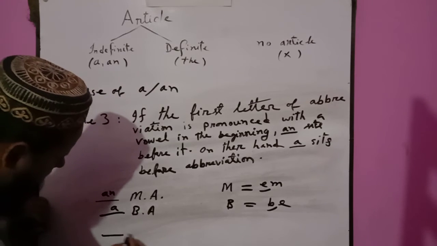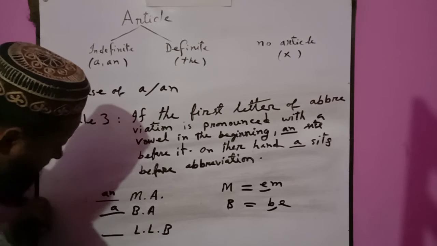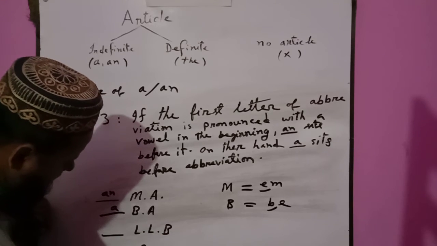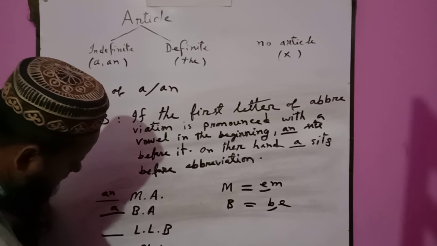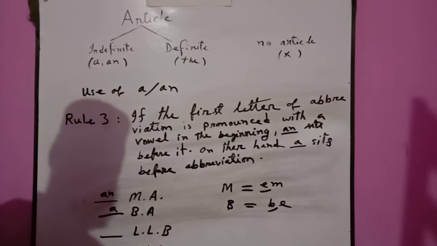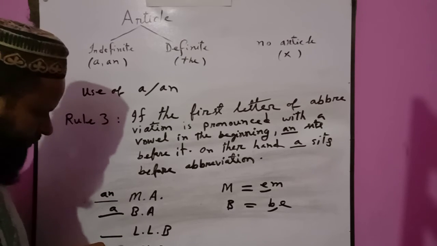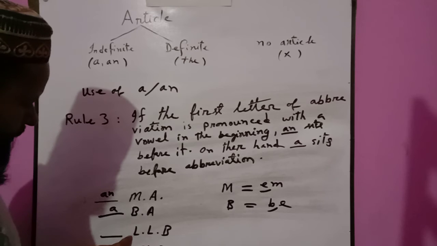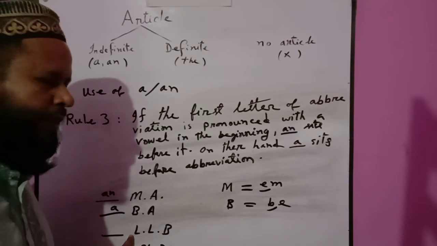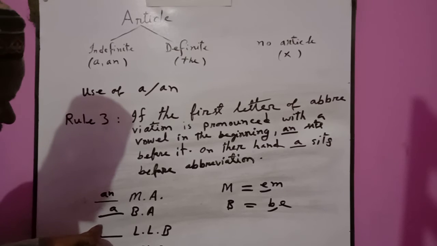Then LLB, PhD. Will you use a or an before LLB? The first letter is L, pronounced EL. So we shall use an.